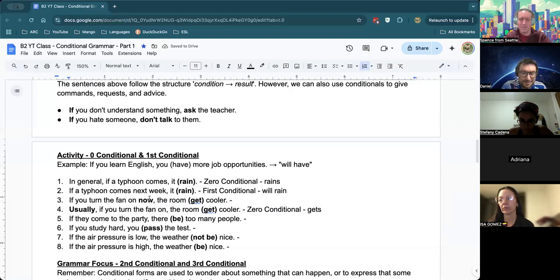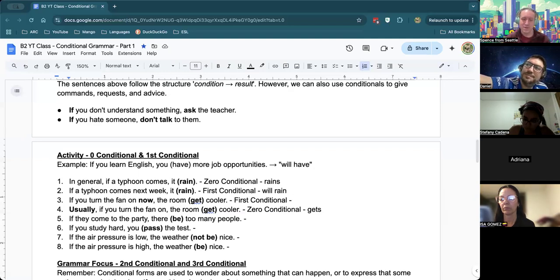But this one, we're talking about a specific situation, and in that specific situation, it becomes first conditional. Because it's not a universal truth, it's a description of a current situation.